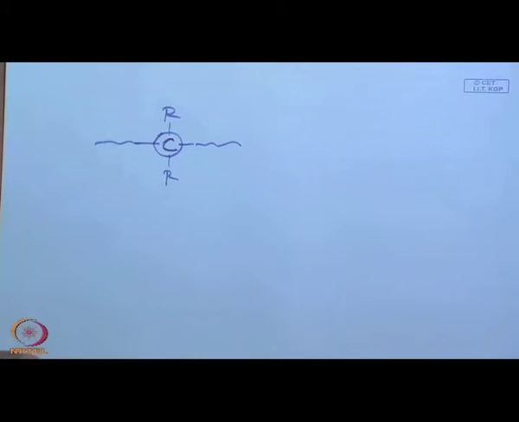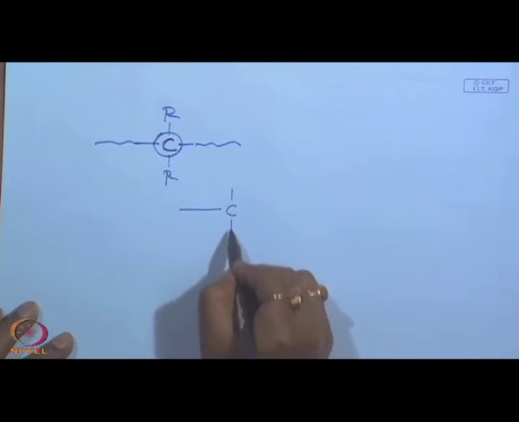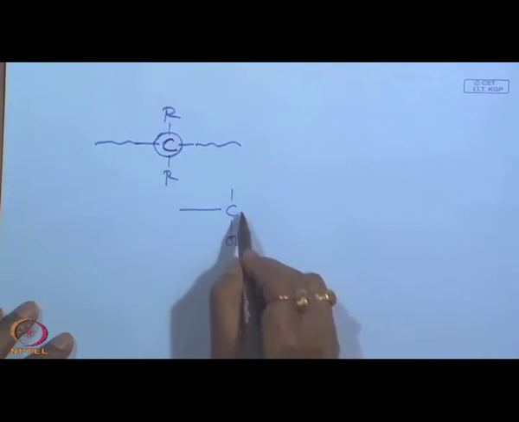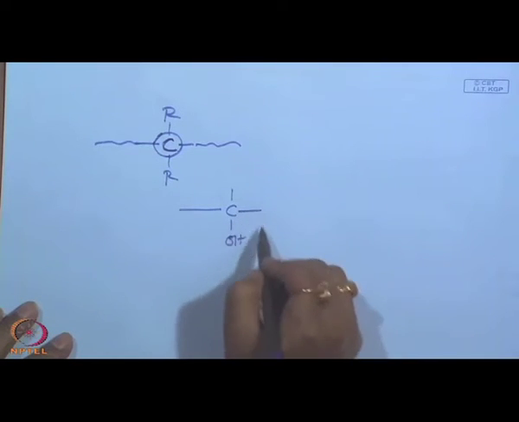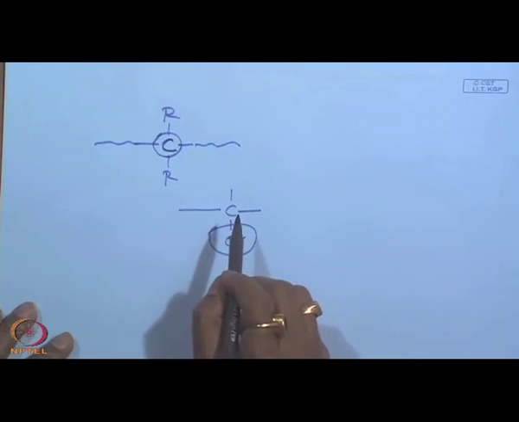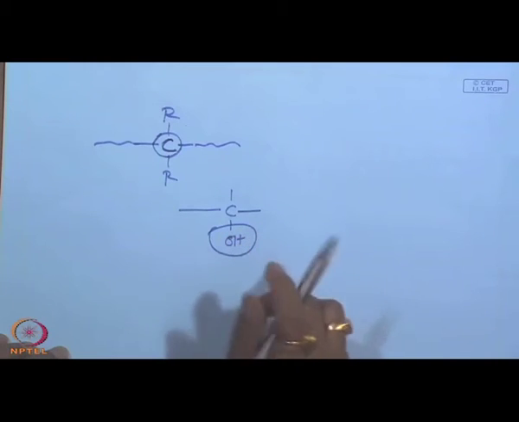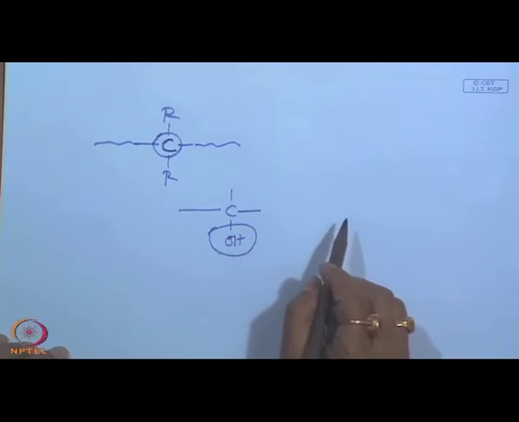Hydroxyl and carboxyl groups, presence of hydroxyl or carboxyl group along the backbone chain of the polymer like this, that accelerates biodegradation. Now, an unsaturated aliphatic compound is more biodegradable than its corresponding saturated compound.